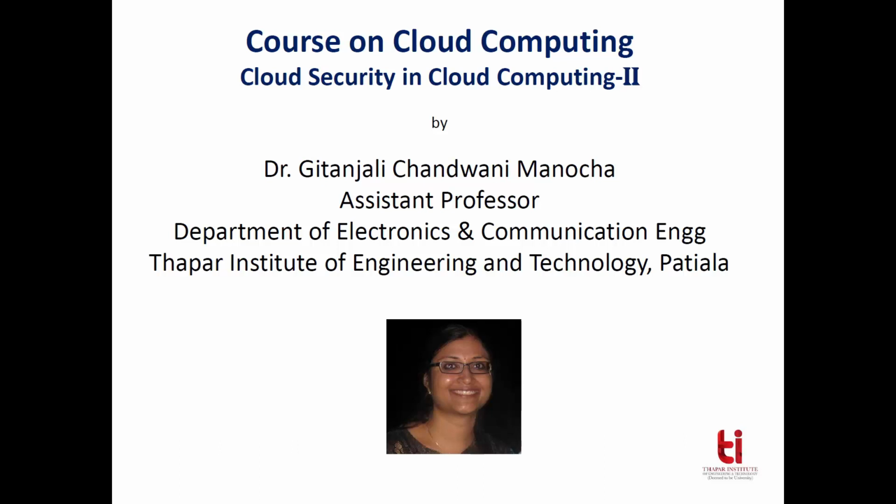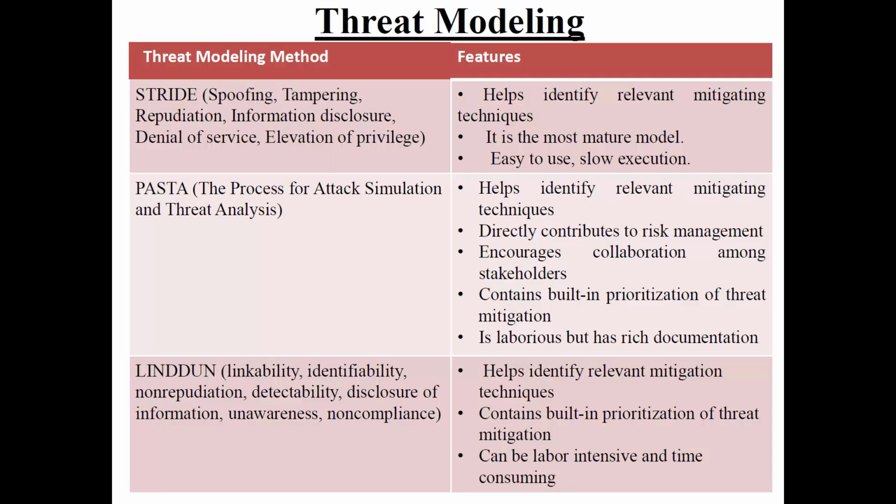So today we'll look at various threat models which are available in the literature, and we'll discuss one in detail. I have listed here 12 threat models which are available in literature. So let us initially look at these, and then we'll do one model, which is the most popular one and the most mature by far, that is the STRIDE model.